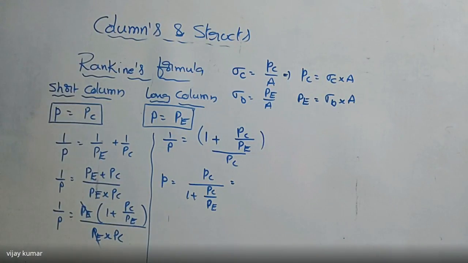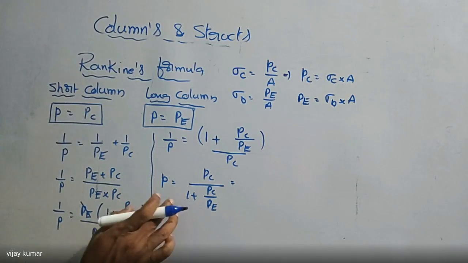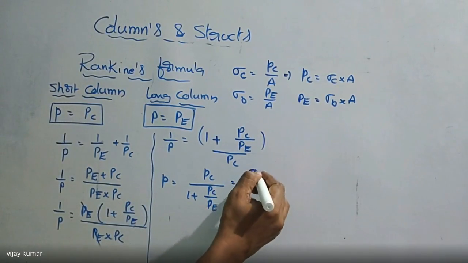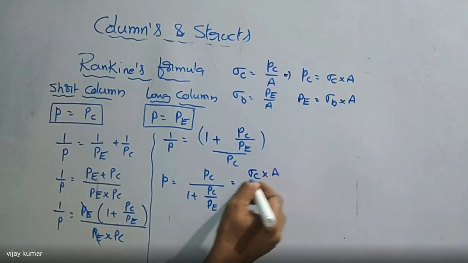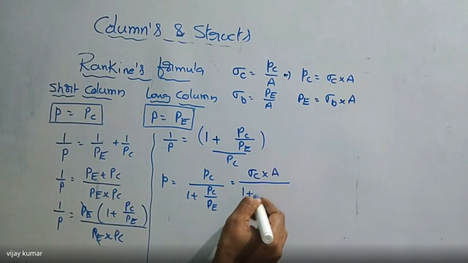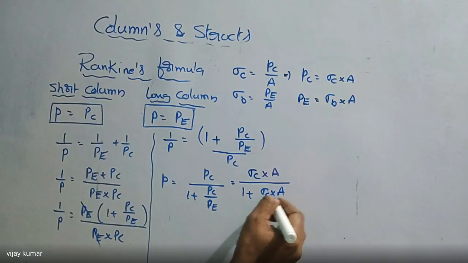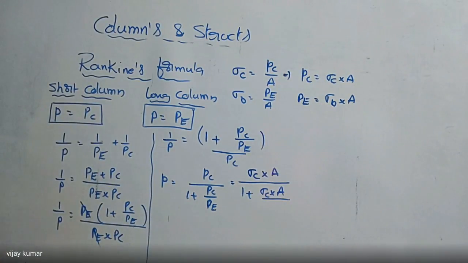Right. So I'm going to substitute those two values in that equation. P is equal to sigma C into area divided by 1 plus sigma C into area divided by the Euler's load. According to Euler's formula, what is the Euler's load for a standard column?